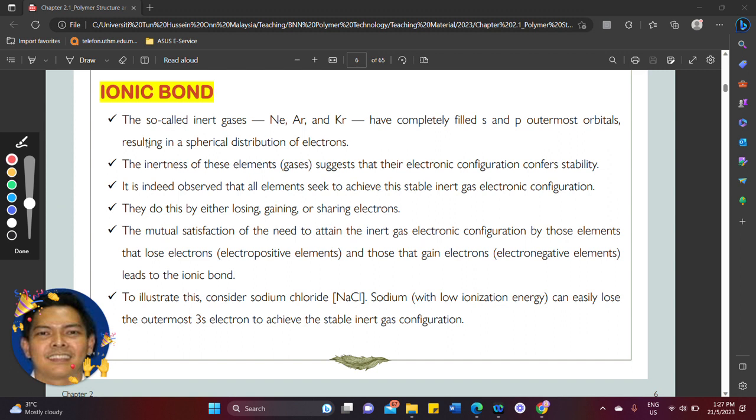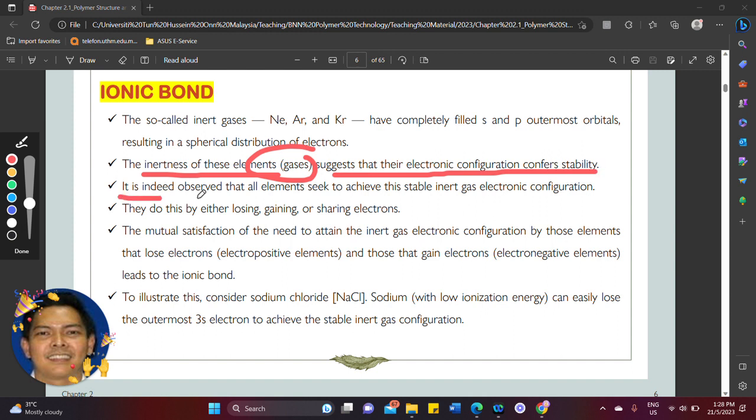The inert gases, neon and argon, have completely filled s and p outermost orbitals, resulting in a spherical distribution of electrons. The inertness of these gases suggests that their electronic configuration confers stability.